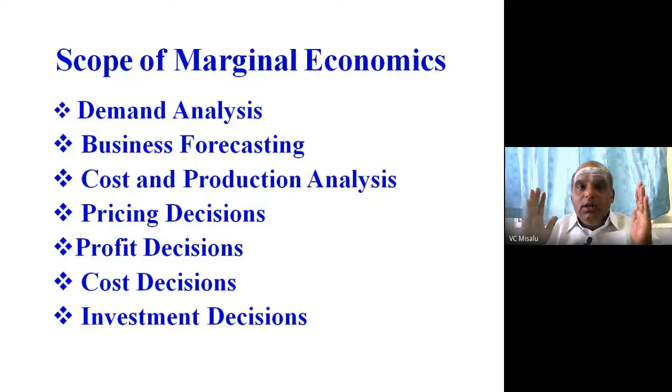At what level of purchase are the two costs minimum? This is decision making. If we follow this principle, cost will come down. So the cost reduction principle, the cost control principle, will work.